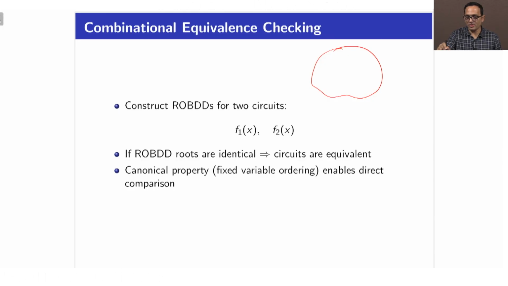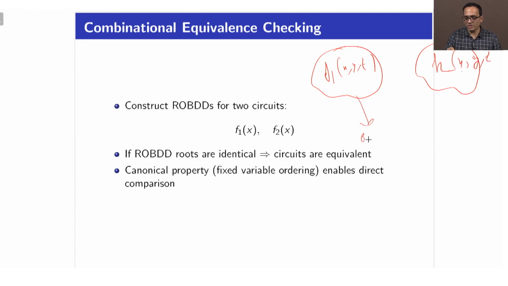Okay. Now, think about the equivalence checking problem. You have one circuit, F1, and another circuit, F2, and remember they have the same variables, otherwise you cannot check equivalence. If you have x, y, z here, you would also have x, y, z there.